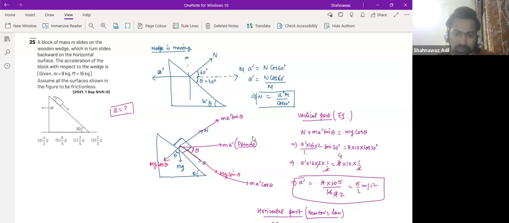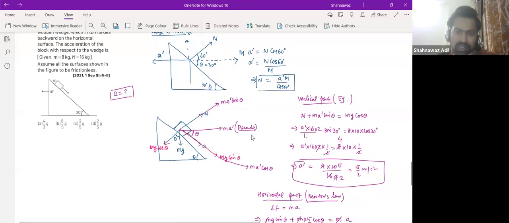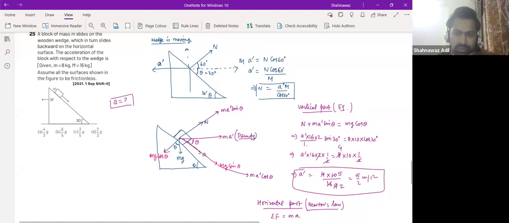Do you guys have any doubts? Or should we do this by keeping this G?